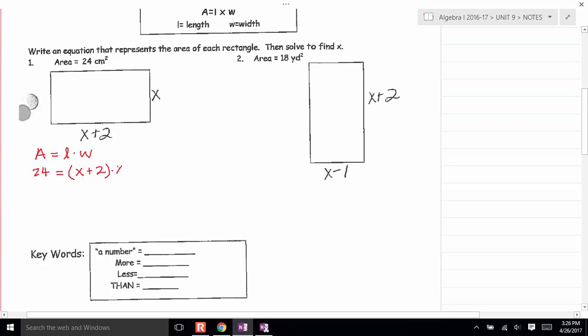So I'm going to multiply that by x. And this is really the same thing as saying x times x plus 2 in parentheses. So to simplify something like this, we do what we just did above. We're going to distribute the x. So the equation would become 24 equals x squared plus 2x.